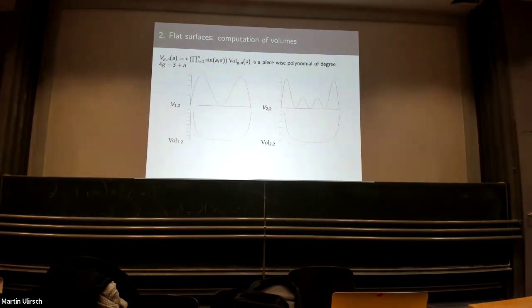When I plot this function divided by sine of a_i pi squared, it vanishes. Here you see that you have a vanishing of order 2, and this is logical.